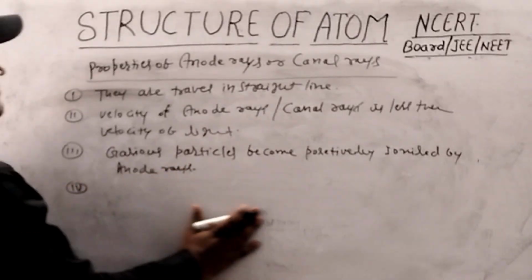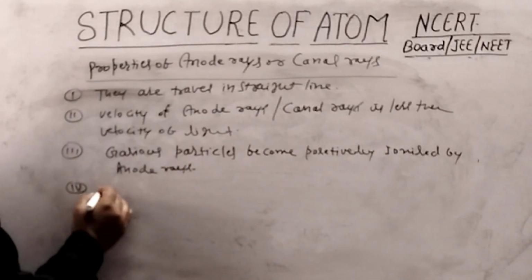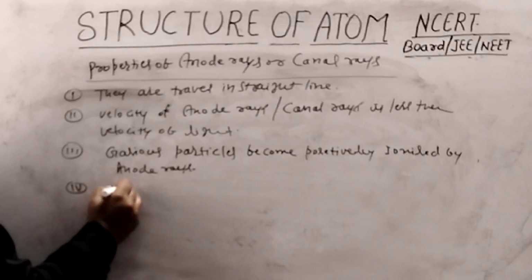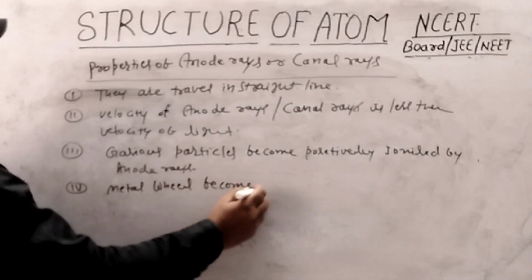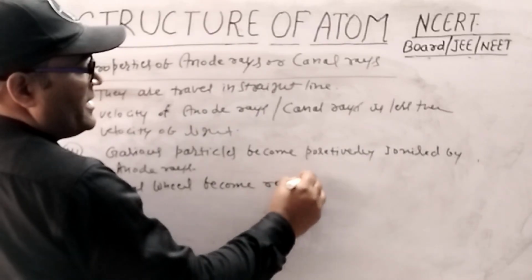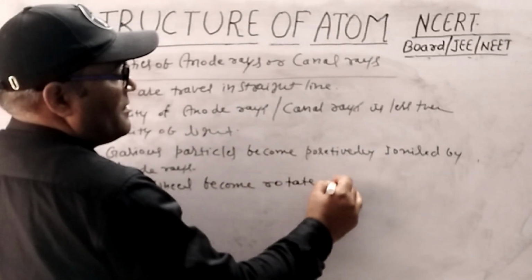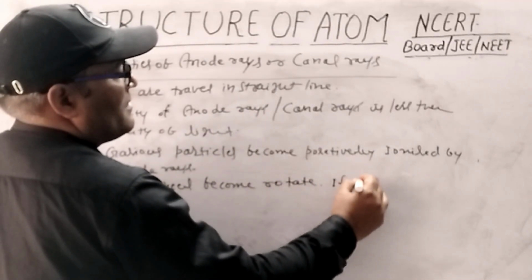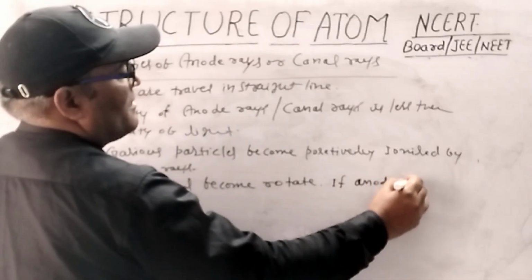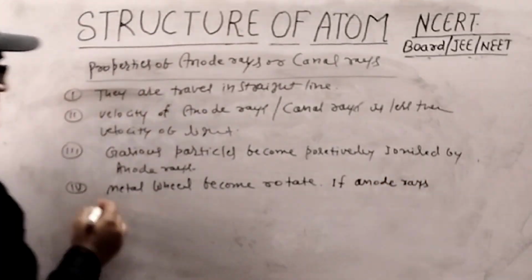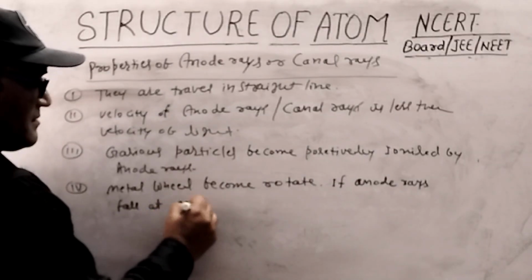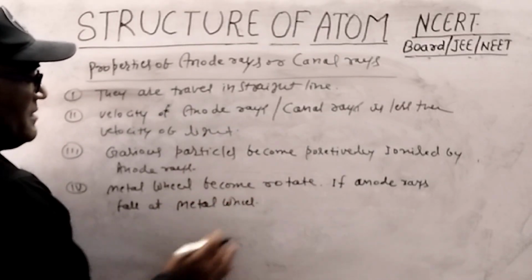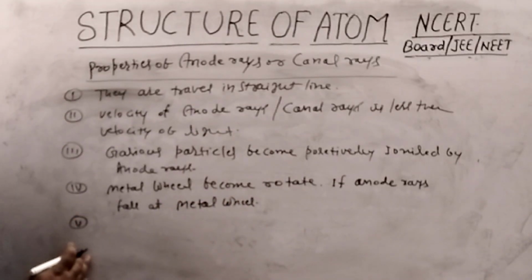Fourth point is metal wheel will rotate if anode rays fall at the metal wheel.